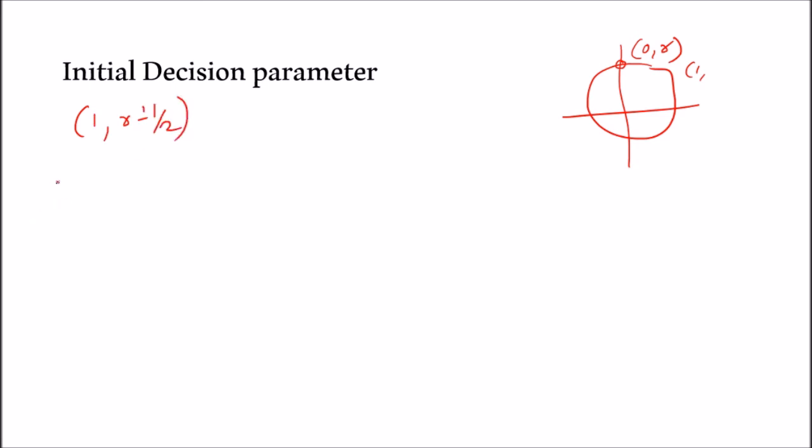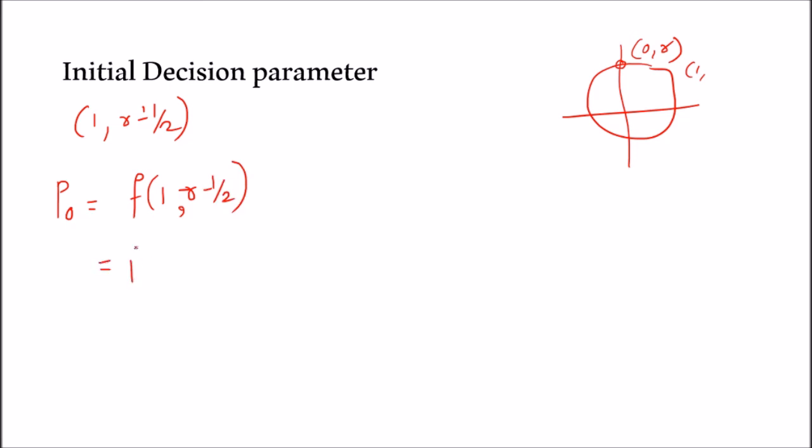Now we'll discuss the initial decision parameter. Whenever we are beginning to draw the circle, the first point of the circle is considered as 0, r. Now the next value will be 1, r minus 1 by 2. So the initial decision parameter will be calculated at 1, r minus 1 by 2. I will write this as p0 is equal to f of 1, r minus 1 by 2.